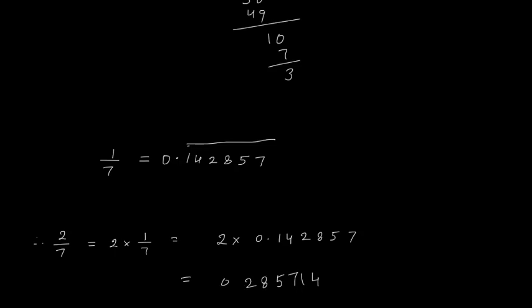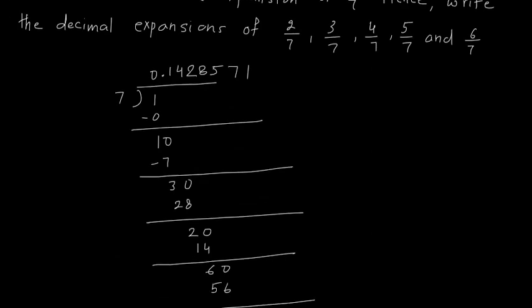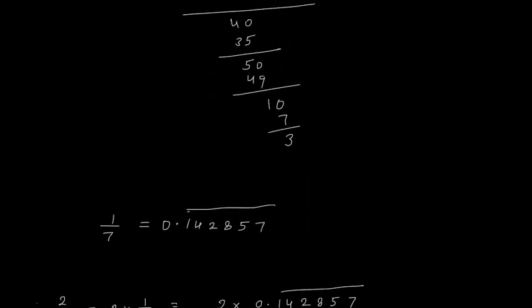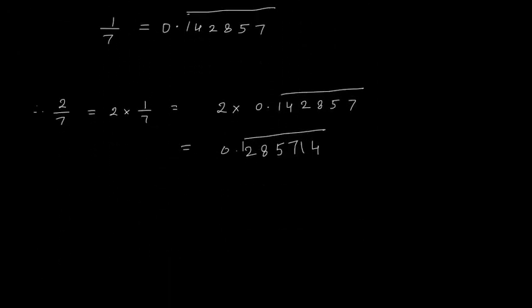So this is 0 point, and here we have the bar. So we have 0.285714 bar. Next I have to find 3 upon 7. In the same way you can find 3 upon 7, 5 upon 7, 6 upon 7. What you have to do is multiply these numbers with 2, 3, 5, 6 like that.